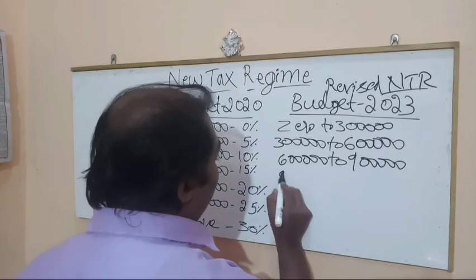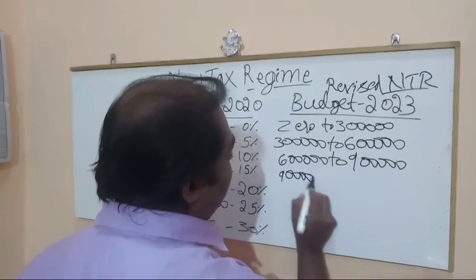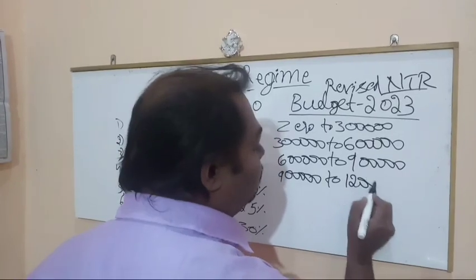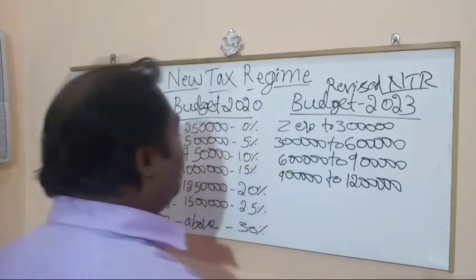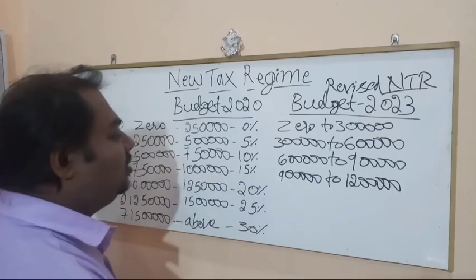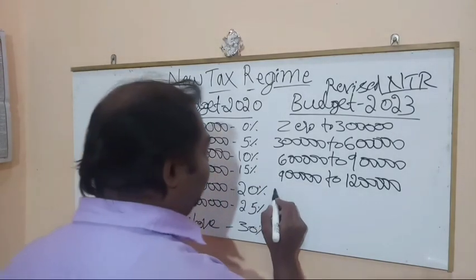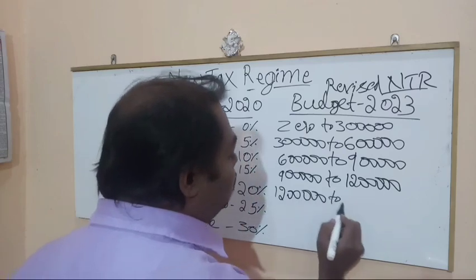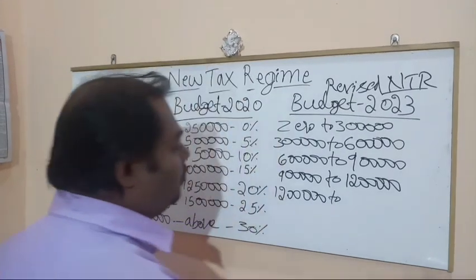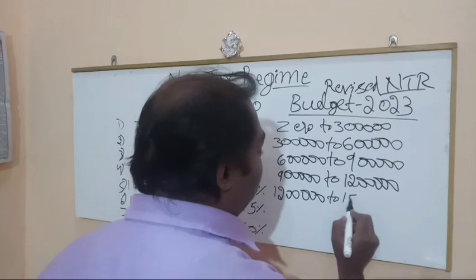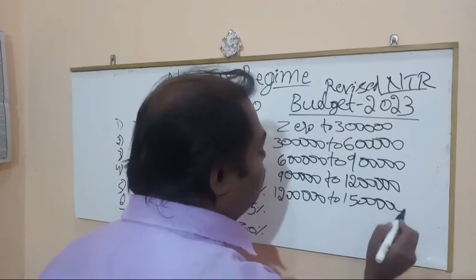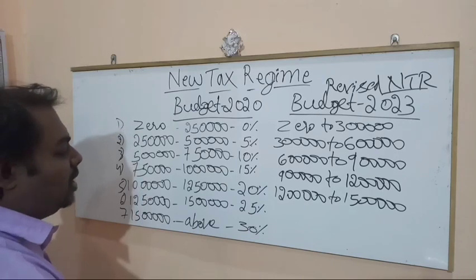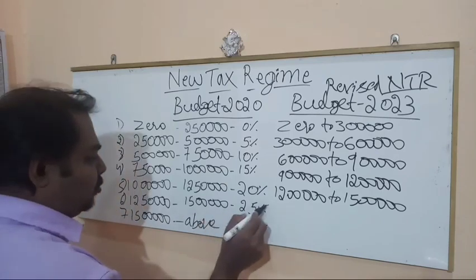From 9 lakh to 12 lakh, it is 15%. From 12 lakh to 15 lakh, it is 20%.